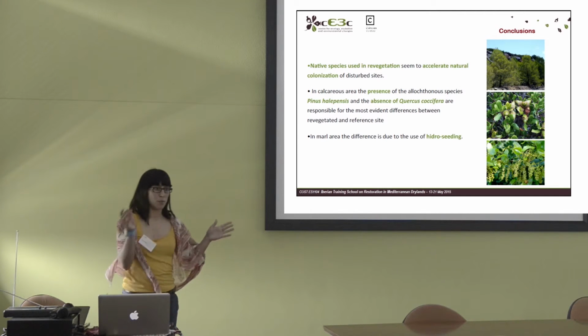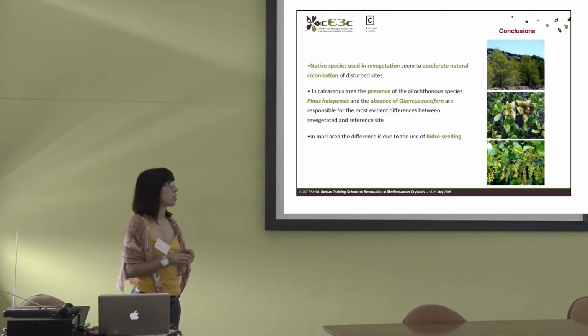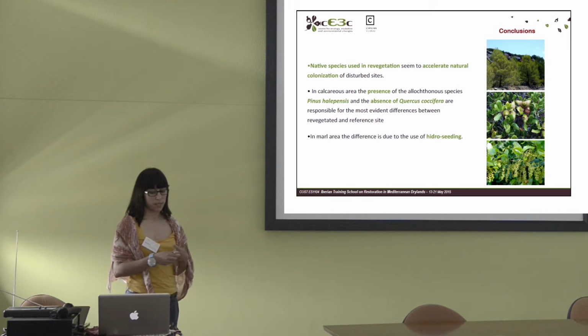Now a brief conclusion before I pass to the other part. We saw that using native species in revegetation seems to accelerate natural colonization of disturbed sites.